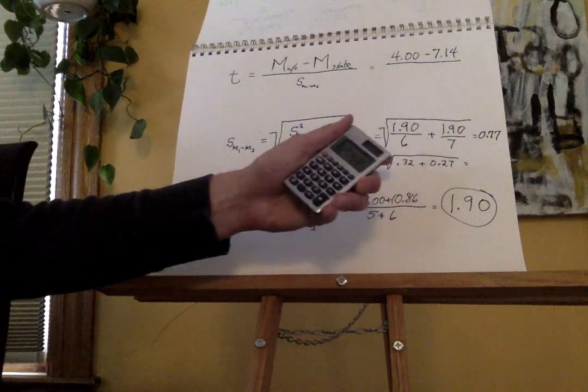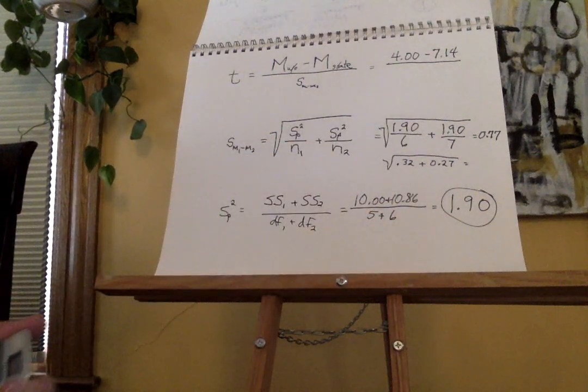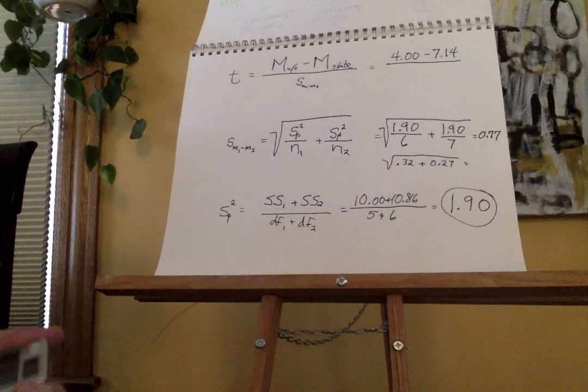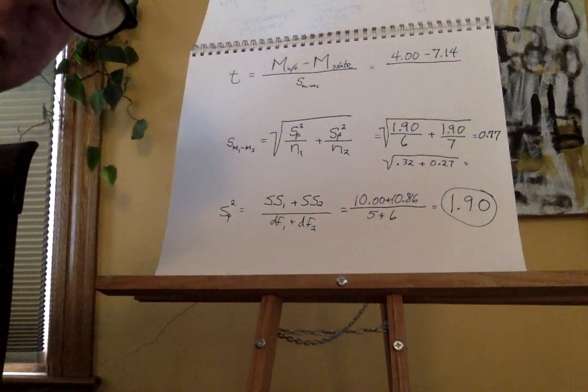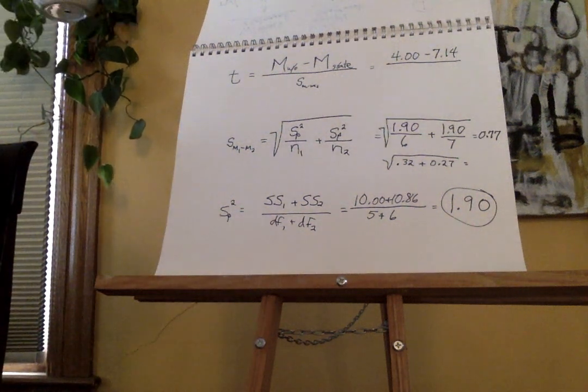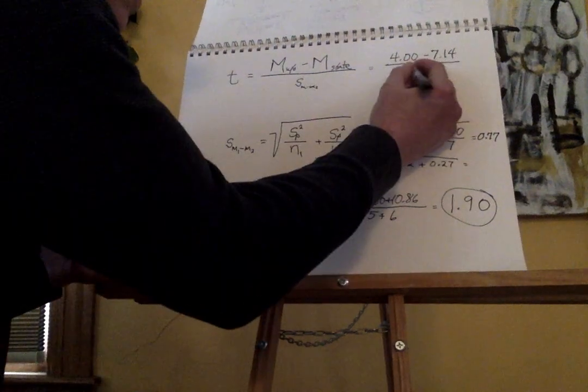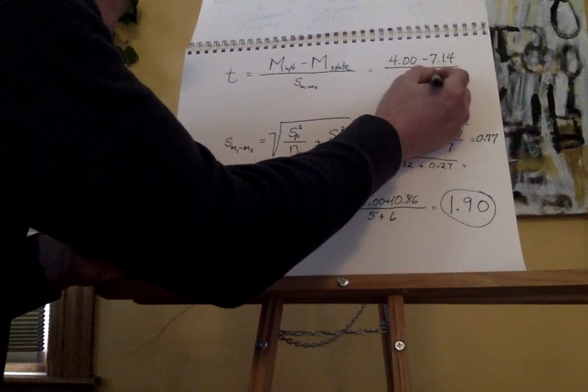We'll add those together, 0.59. Take the square root, so it's 0.77, okay? 0.77. Let's plug that in.